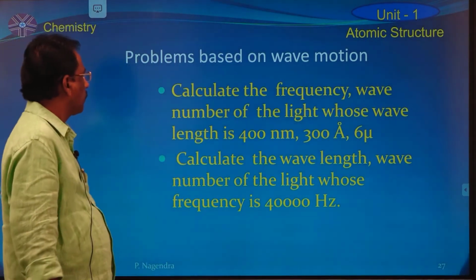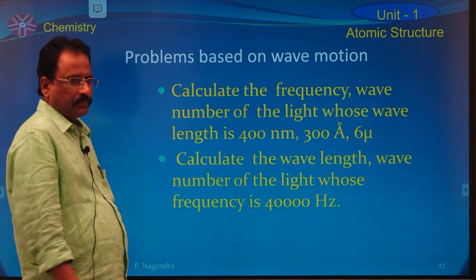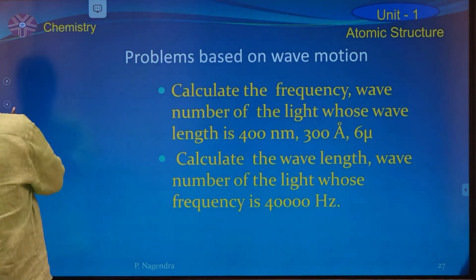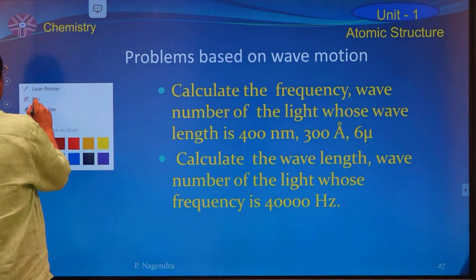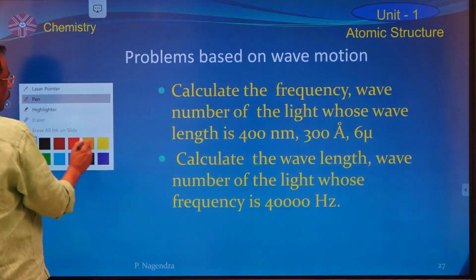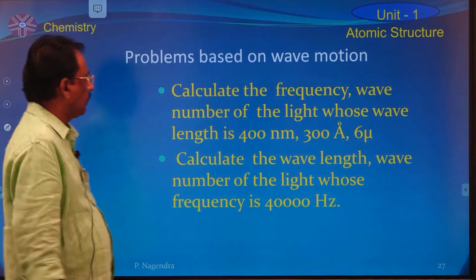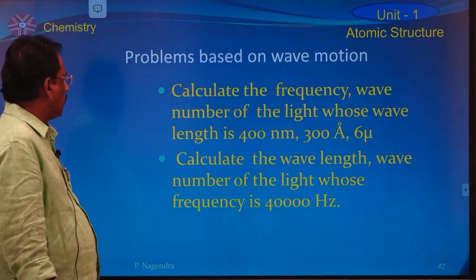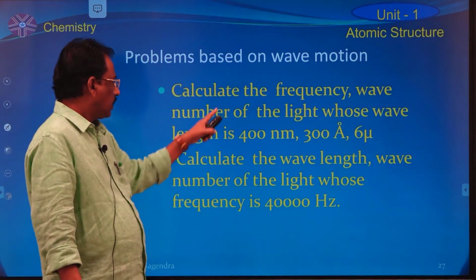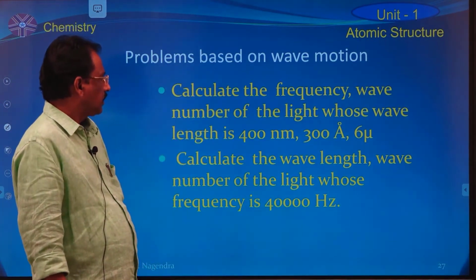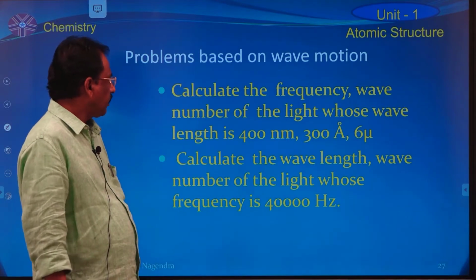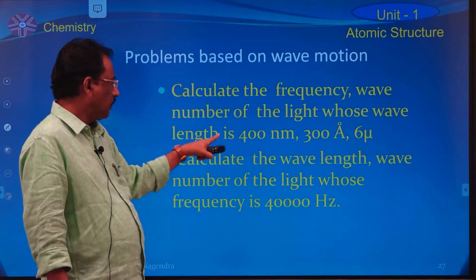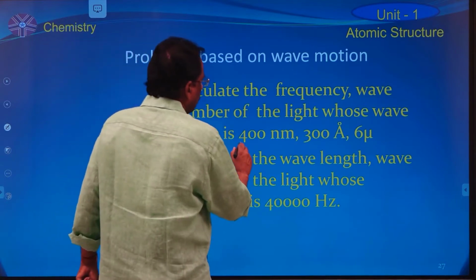Now, based on various characteristic properties of the wave motion of the electromagnetic radiation, we can calculate or solve for the frequency and wave number of the light whose wavelength is 400 nanometers.